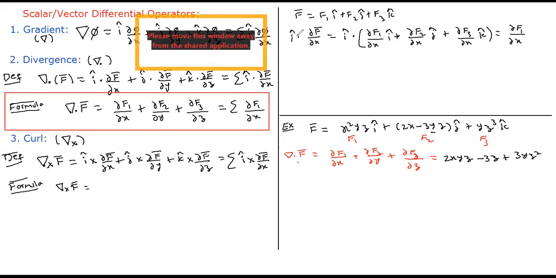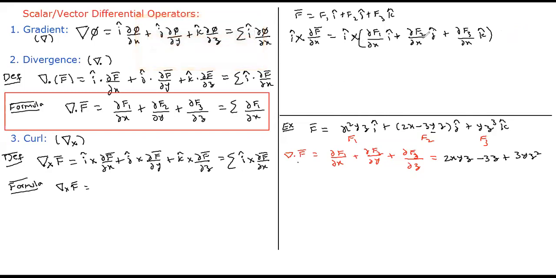So instead of dot product, you have cross product. What will be i bar cross i bar? 0. I bar cross j bar is k bar. I bar cross k bar is minus j bar.